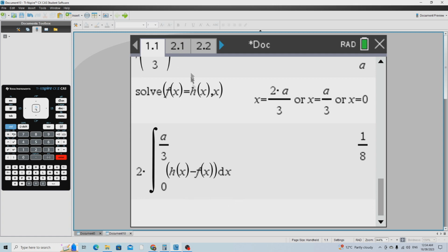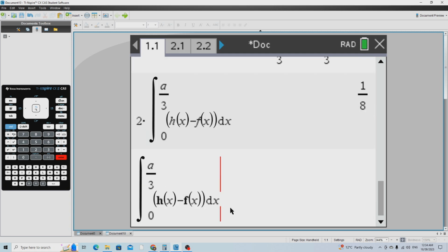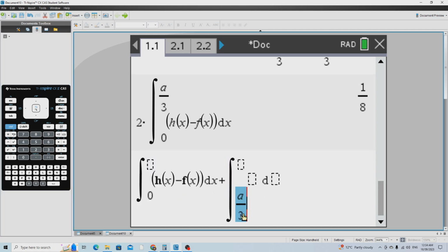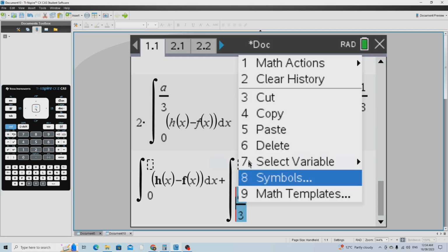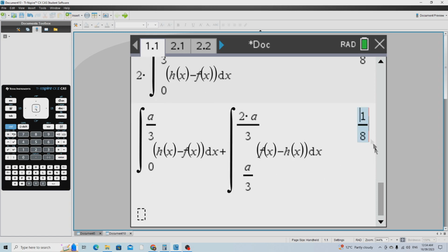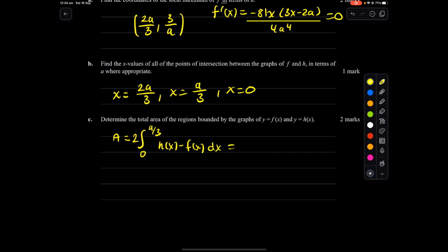So let's do the long method too, just to be safe. Bring this over here, plus the integral for this. Let's copy this actually. That's 2a on 3, 2a on 3, and the next one was f of x minus h of x dx. Okay, 1 on 8, so they are equal. So let's write that, 1 on 8.